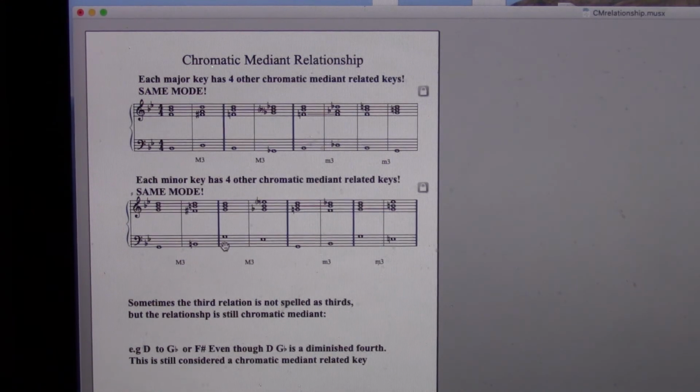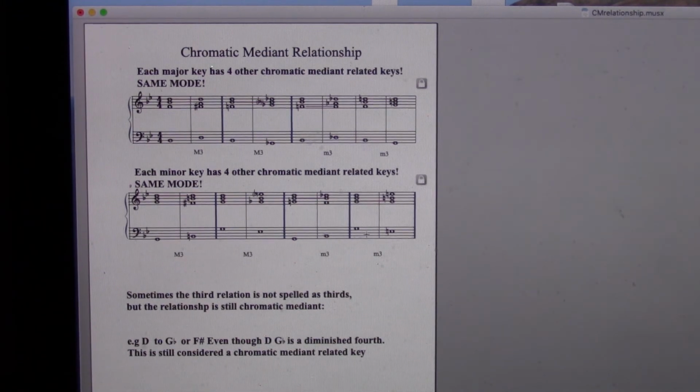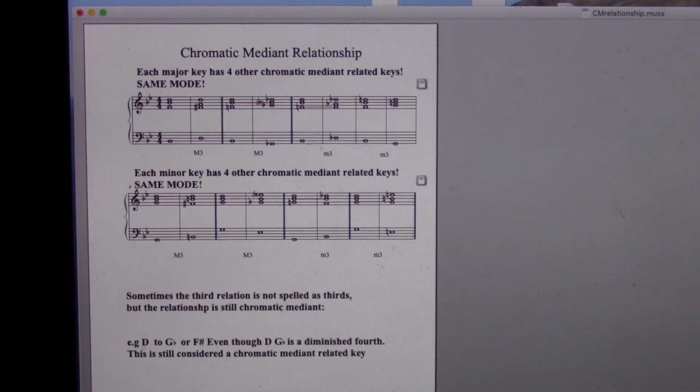Now there's a flat in the key signature, so this is E flat minor. Next one, G minor. Now we're going to go to B flat minor. And finally, G minor, we're going to go to E minor.